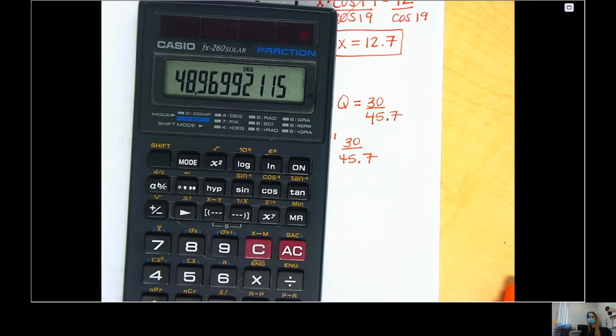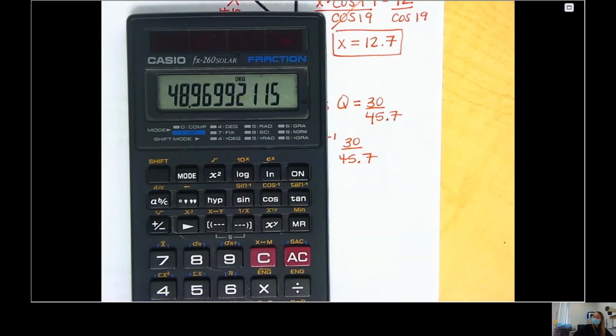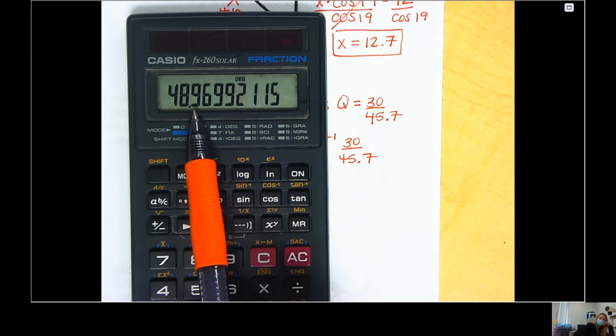Okay, what did you get? 48.9699. Did everybody get that? Did anybody not get that? Good. All right, so since we're rounding to the nearest tenth, what should I round that to? So here's the number. Here's the tenths place. It's a 9. The number after is a 6. Trey?